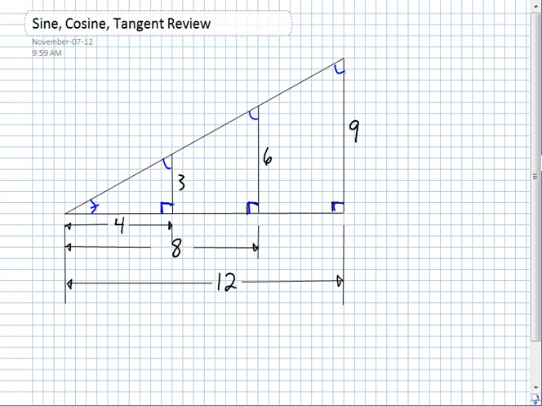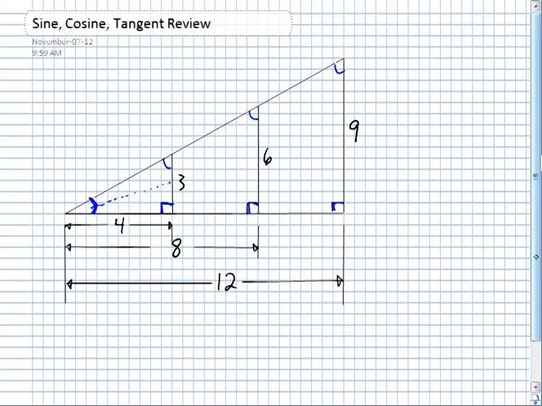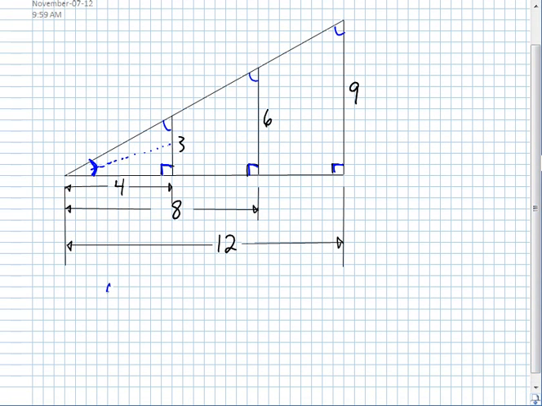And we can work out the ratio of various sides. In other words, looking at this angle here, the opposite side to that angle is 3. The opposite side is 3, and the adjacent side is equal to 4.